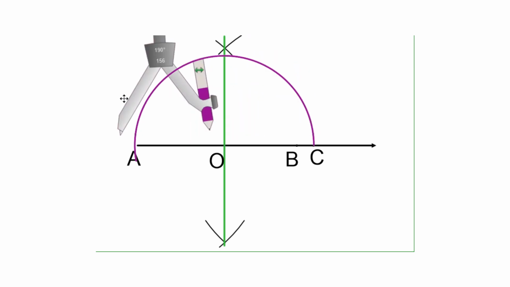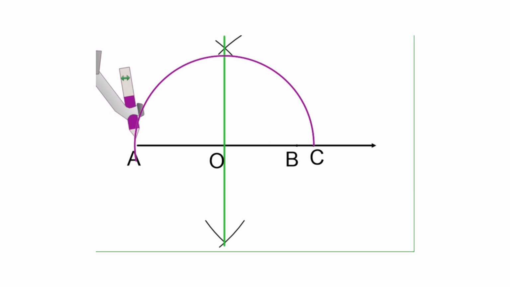Now the next step is, from B we will draw one perpendicular, so you can make use of a protractor here.